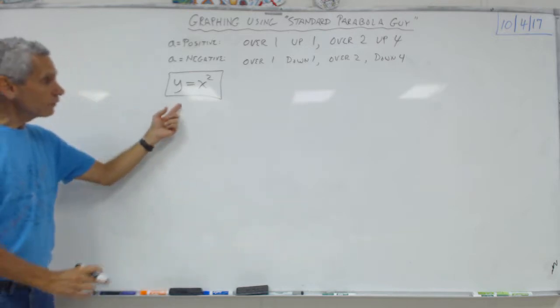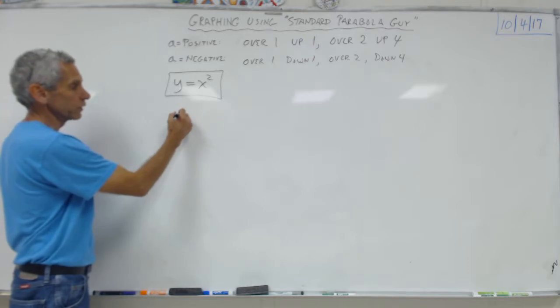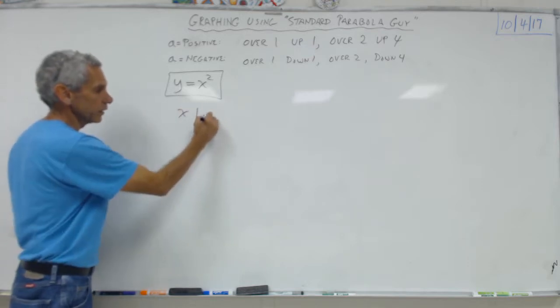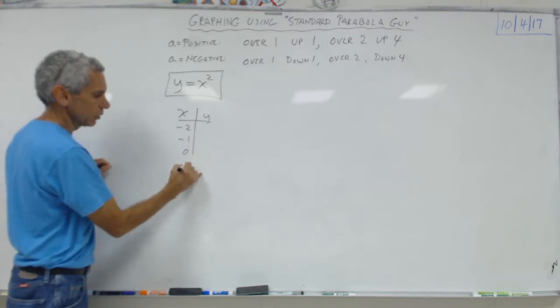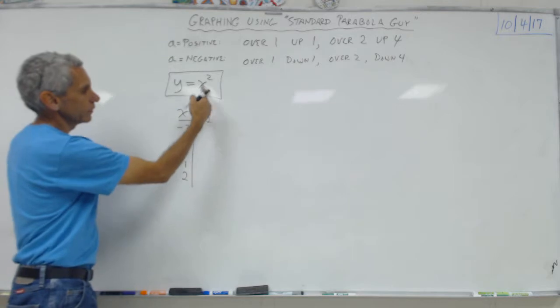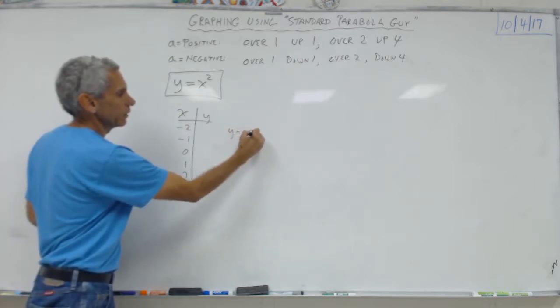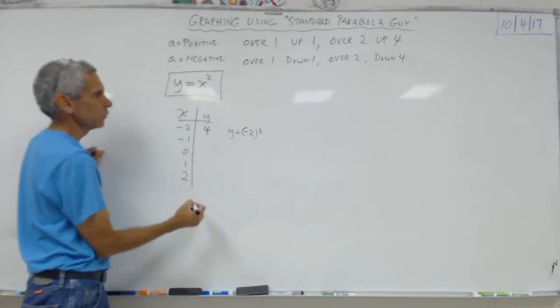So first of all, let's write a T-chart for y equals x squared, when x is negative 2, negative 1, 0, 1, and 2. When x is negative 2, y is equal to negative 2 squared, which is positive 4.